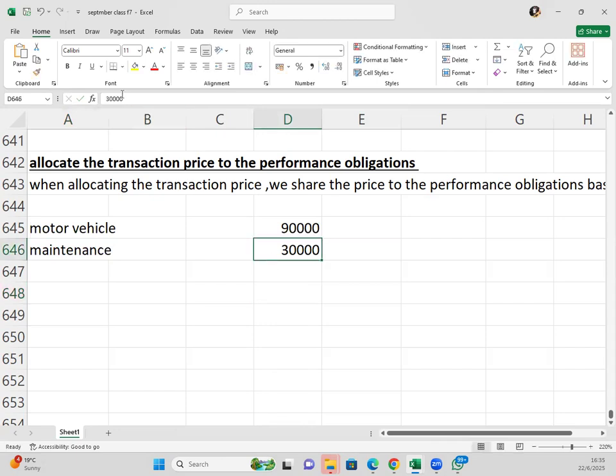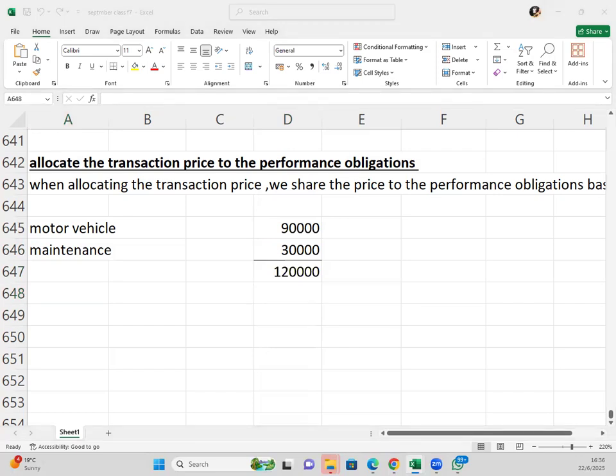So buying the vehicle together with maintenance separately would cost you 120,000. But if you just pay 100,000 once, you'll be getting the vehicle and the maintenance. So when we sold the vehicle at 100,000, we actually sold the vehicle plus the maintenance.